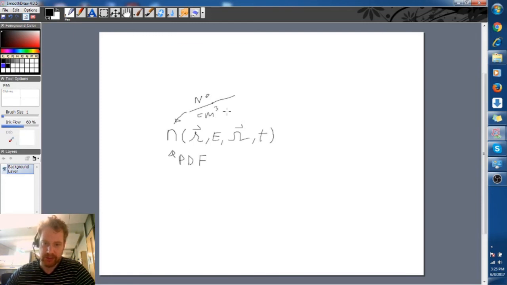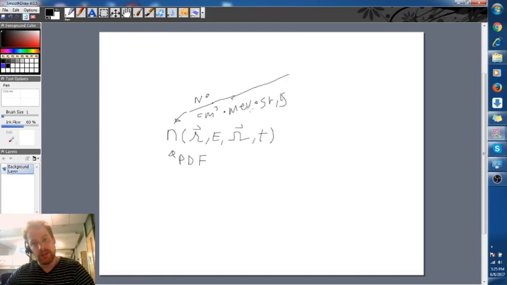So it's actually per cubic centimeter per MeV. Sometimes this is per steradian, which is the measure of solid angle, and sometimes this is per time or seconds. And you have to excuse my sideways writing here.